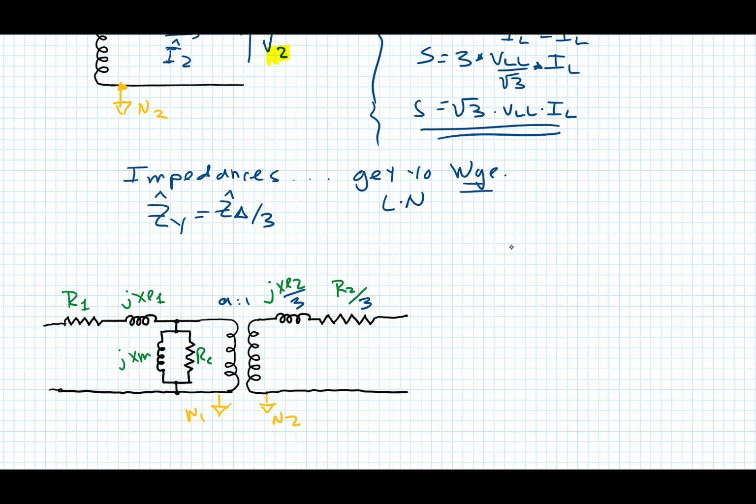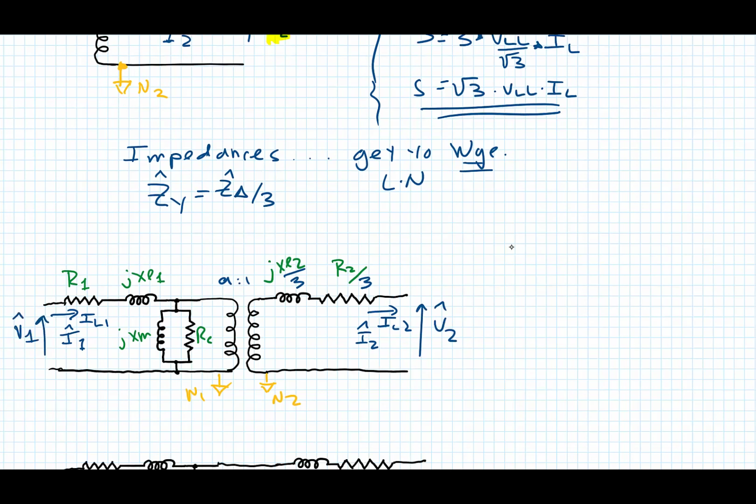And we've got the current here, essentially the line current on the 1. Got the line current coming out on the 2. This is our I1. This is our I2. We've got our V2 here.